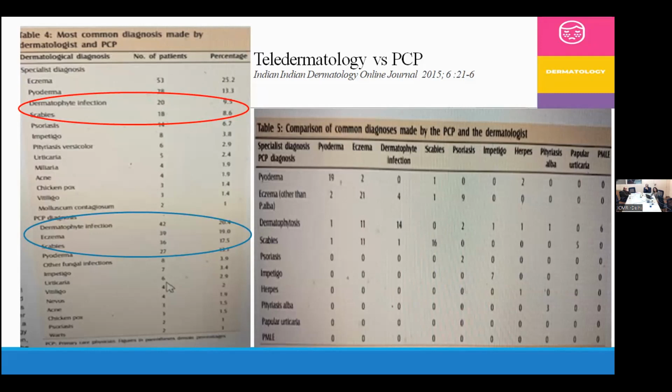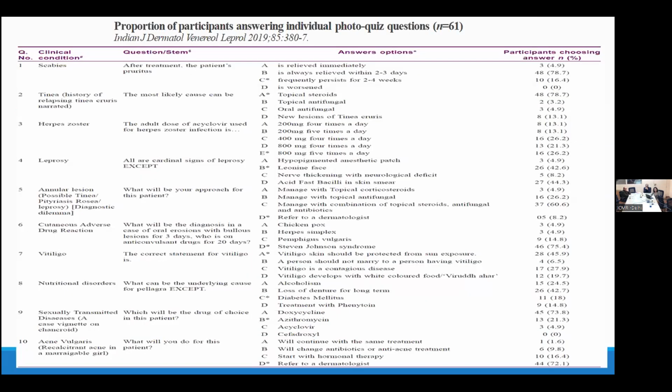It was seen that they were able to diagnose in 85% only 10 disorders because they were not aware of other differential diagnoses, thereby highlighting the need to apprise them about the other close differential diagnoses or even common disorders like dermatophytosis and scabies.